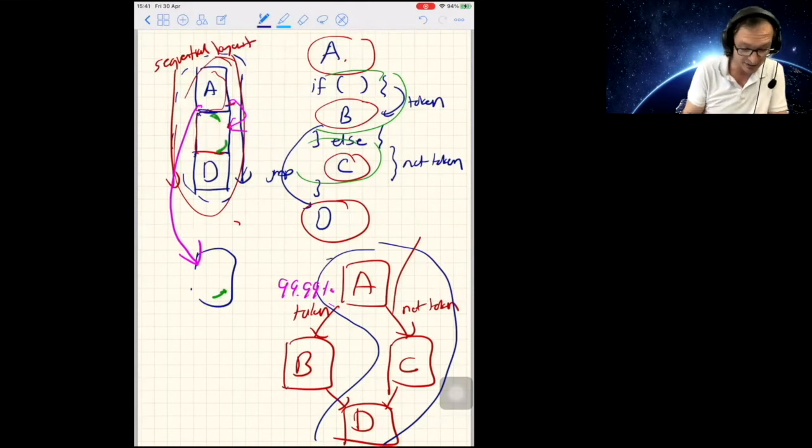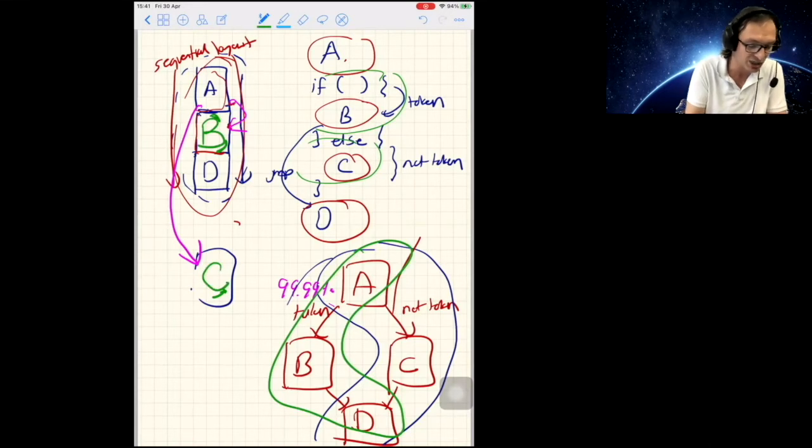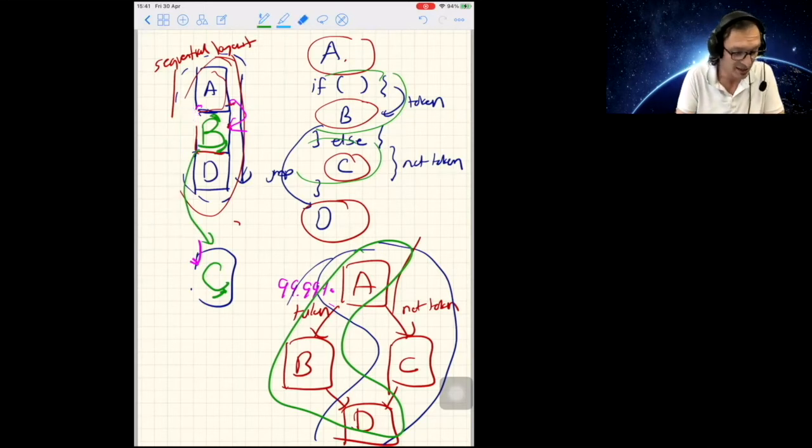In this case, the frequently executed path is, I should use another color perhaps, ABD, and you need to put B over here, and C needs to go somewhere else, and you do an unconditional jump to C from this point. I didn't put all the things over here, and this became a little messy, but that's the idea. Make your frequently executed path the not taken path.